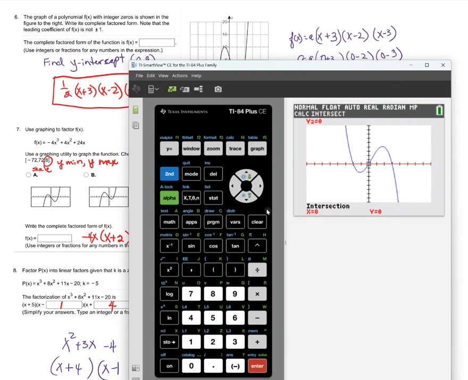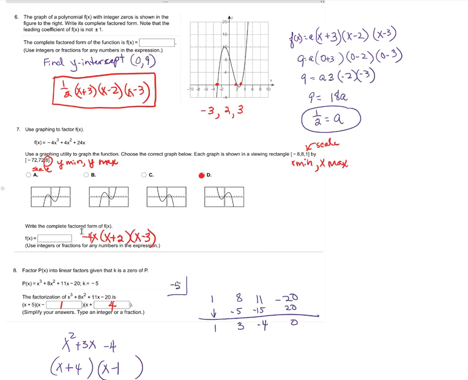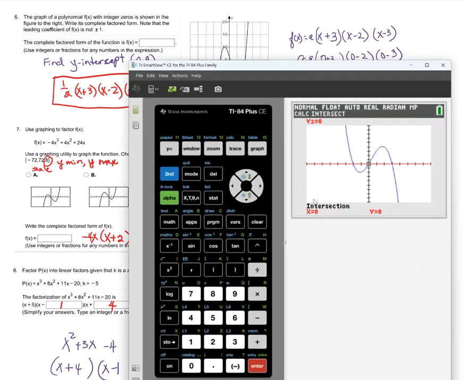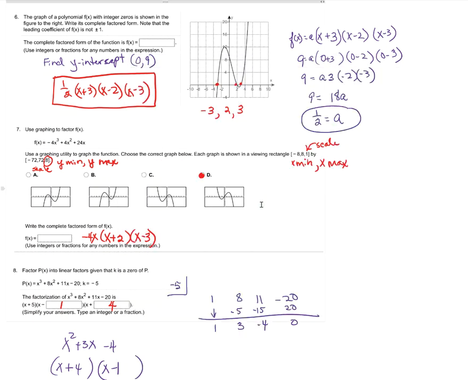And then the one that's at x equals 0 is the one that gets the negative 4 at the front. So that'll be negative 4x, and then you'll have x plus 2 and x minus 3, because we had a negative 2 and a positive 3 up here. We had a negative 2, so that'll be the x plus 2. We had a positive 3, that'll be the x minus 3. So that's how we'll do that.